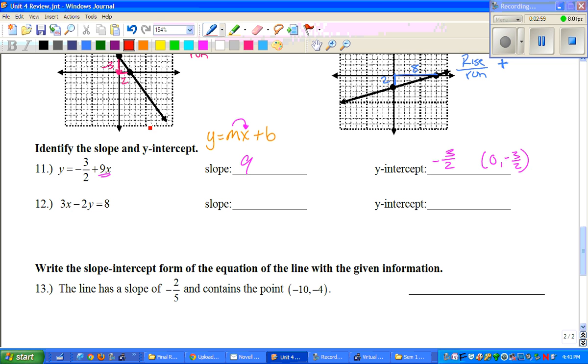Okay, now in this one, we have to make sure it's in y equals mx plus b first. Okay, so we have to solve for y. Subtract 3x from both sides. You get negative 2y equals negative 3x plus 8.